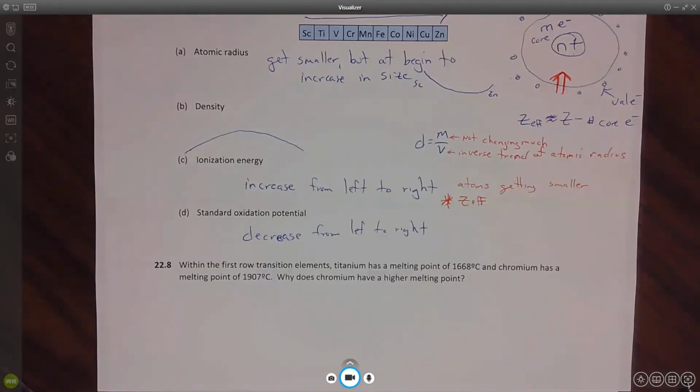What did their melting points depend on? The bond strength. The higher the bond strength, the higher the melting point. So that means chromium must have a higher bond strength than titanium. Why does chromium have a higher bond strength than titanium?